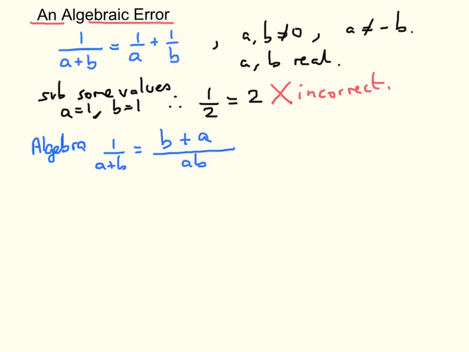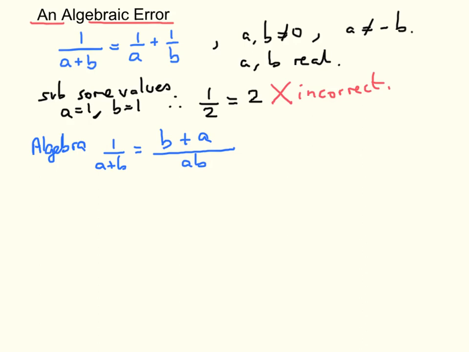So now I'm going to multiply both sides by a times b. And remember, a and b are not 0, so that's fine. We're not multiplying by 0. And I'm going to multiply by a plus b, and again, a is not minus b, so this is again safe.